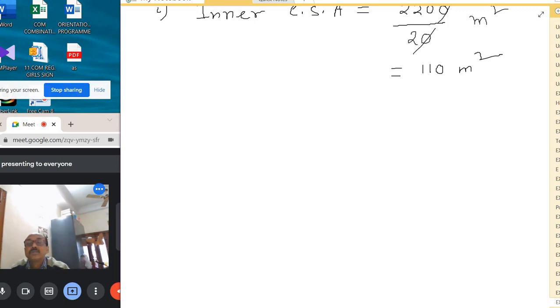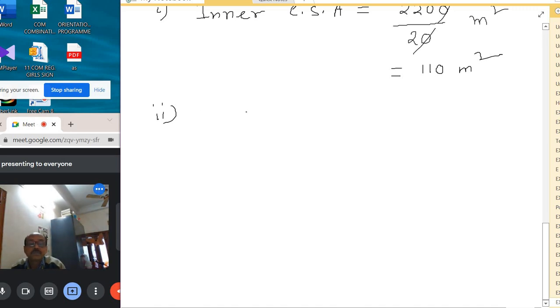Now we know curved surface area means 2 pi RH. Therefore 2 pi RH is equal to 110. The first answer, the inner curved surface area, is 110. Then number 2: 2 pi RH, the curved surface area, equals 110. So 2 into pi.